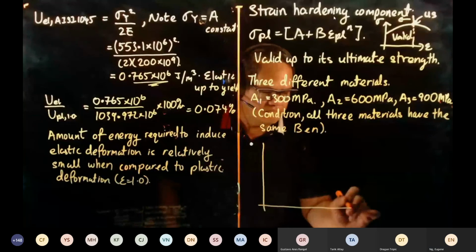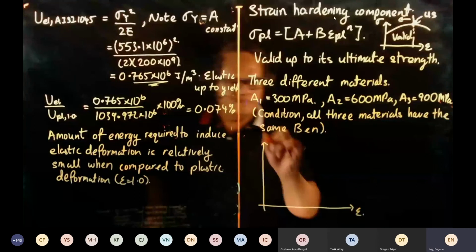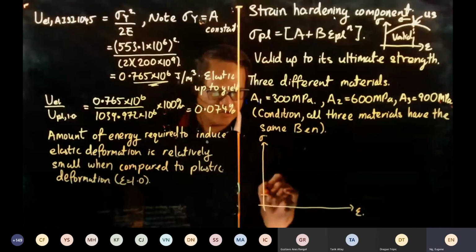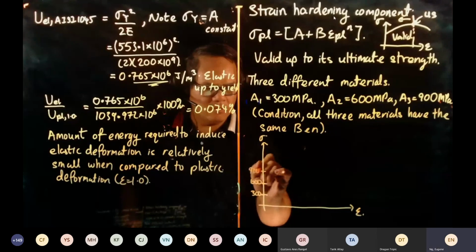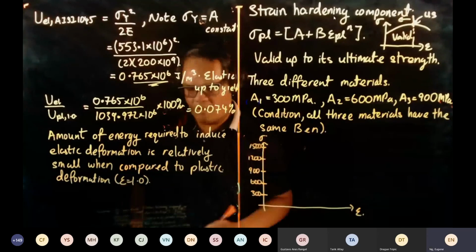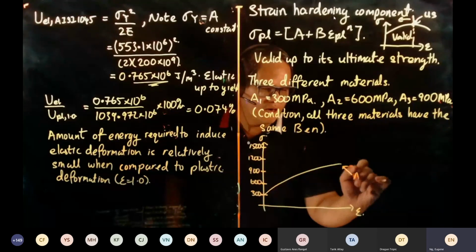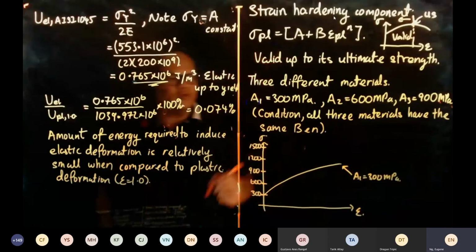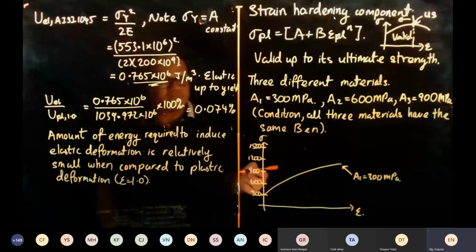So this material will behave like this. This is epsilon, this is stress, and this is your 300, 600, 900, 1200, and then 1500. The first curve will behave this way. Over here A1 is equal to 300 MPa. The second material, A2, is 600.